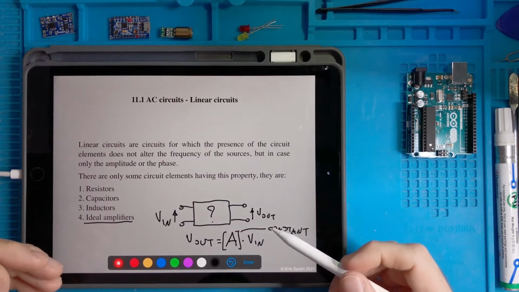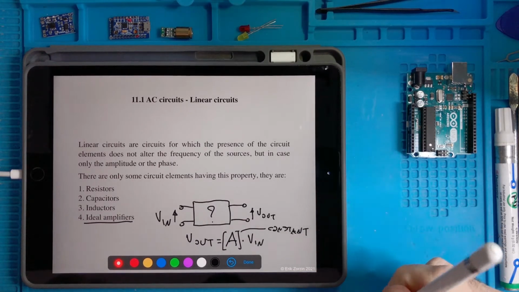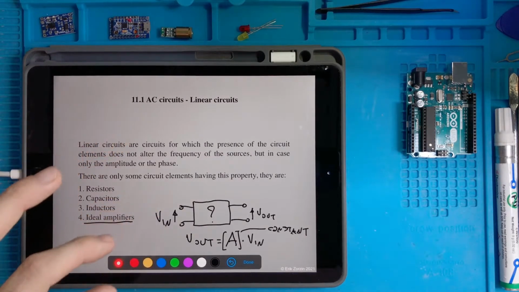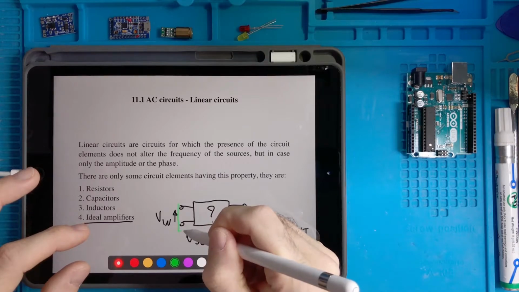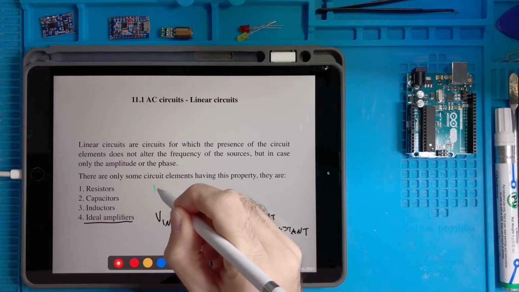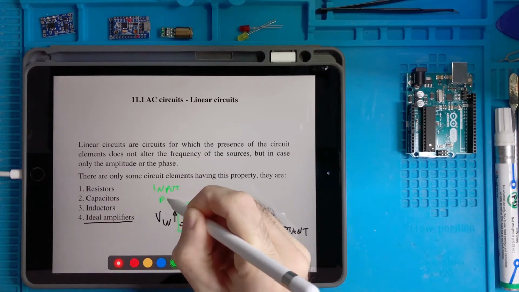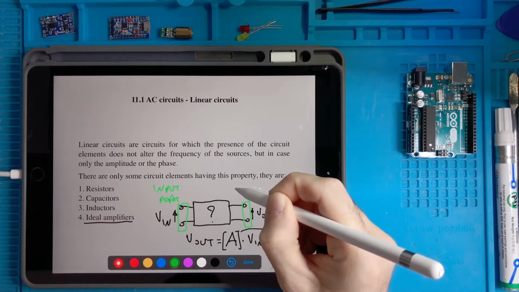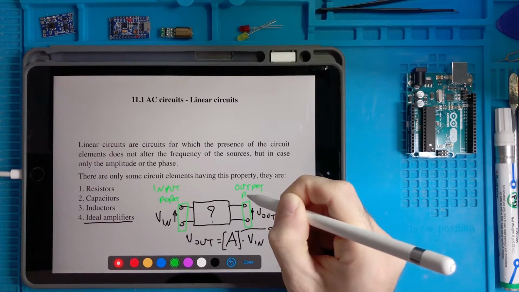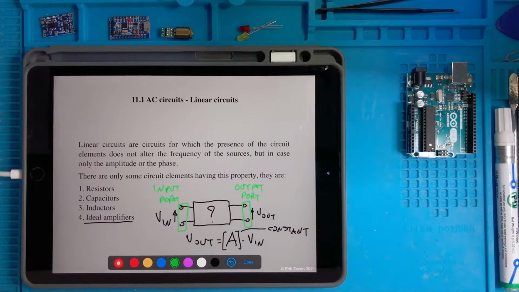It magnifies or reduces the amount of voltage we can read in a so-called port relative to what we read at another port. So this is the input port and this is the output port. And those objects like this one, black boxes with an input port and an output port, are called two-port networks.